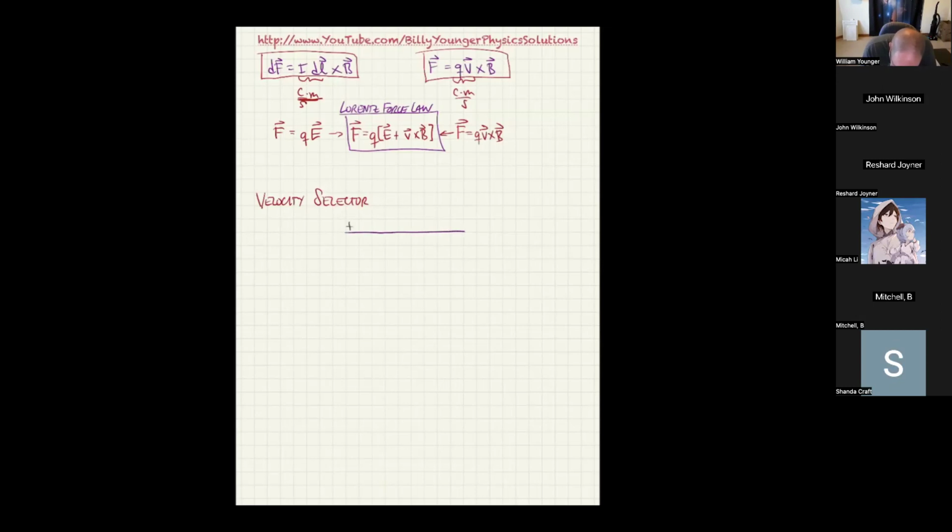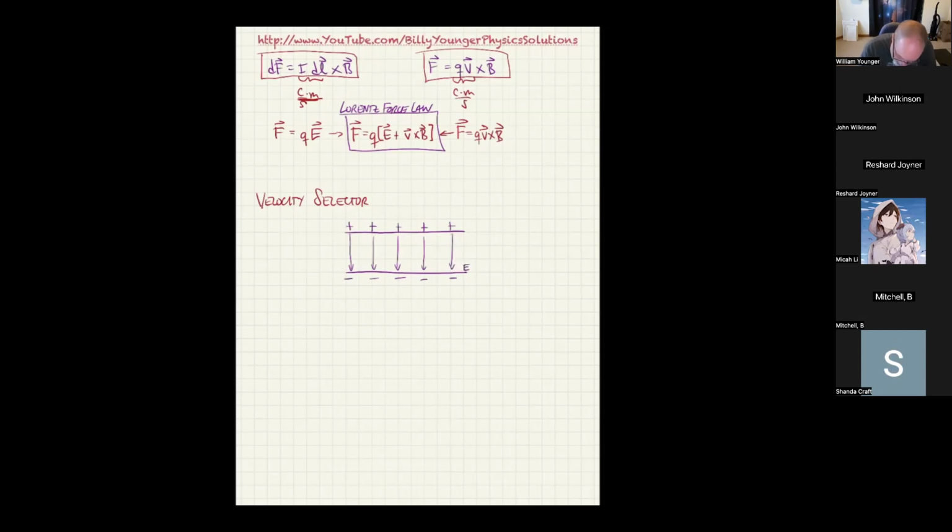This could be a plus, plus, plus, plus, plus, like that, and then minus, minus, minus, minus, minus. So this actually creates an electric field pointing downward. I'm going to call that electric field E.